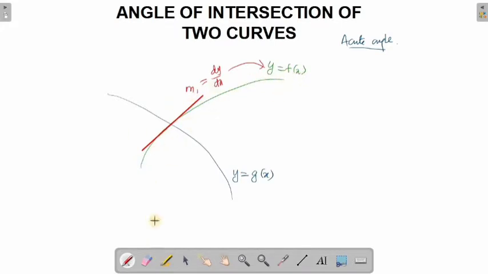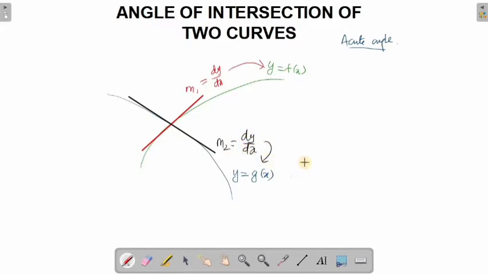Similarly, I'll draw the tangent for the curve y equals g(x) at the same point. Its derivative, that is the slope, will be m2, that is dy by dx for this function.